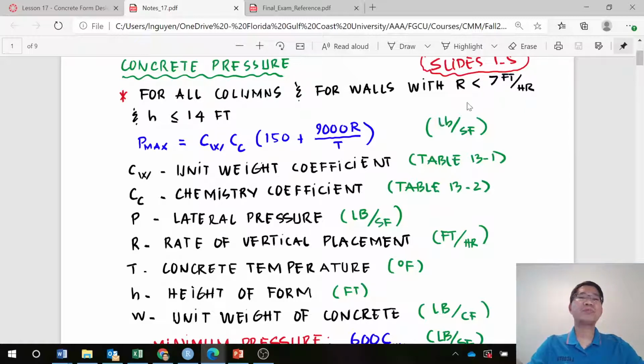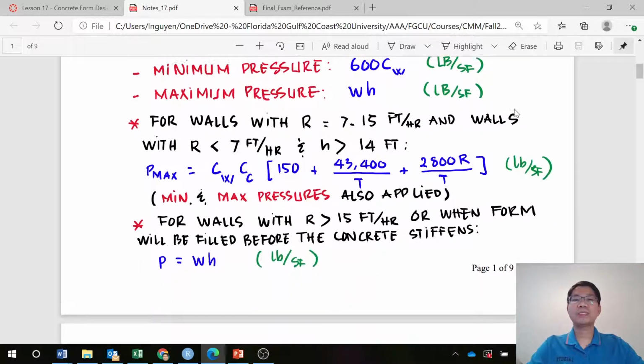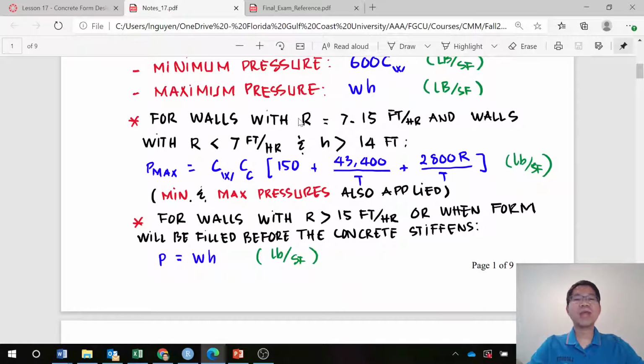What happens for the walls that have a rate of placement of more than 7 feet per hour and different height? That goes to the next equation. For walls with a rate between 7 to 15, so it means that the rate of placement is faster. And the walls with a slower rate, under 7 feet per hour, but the height is more than 14 feet.